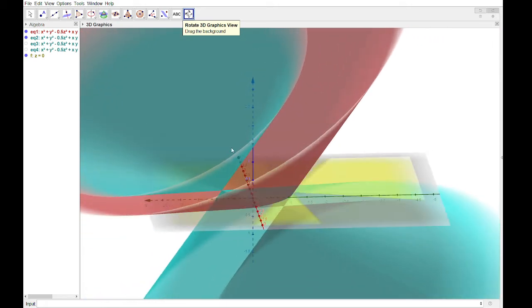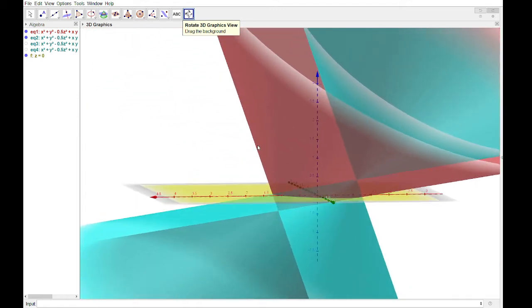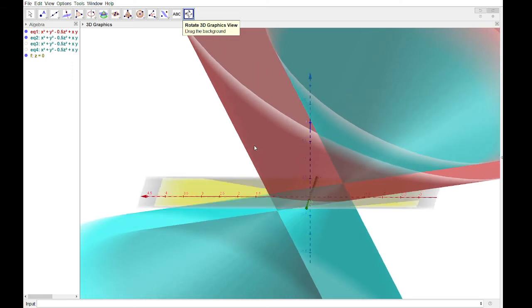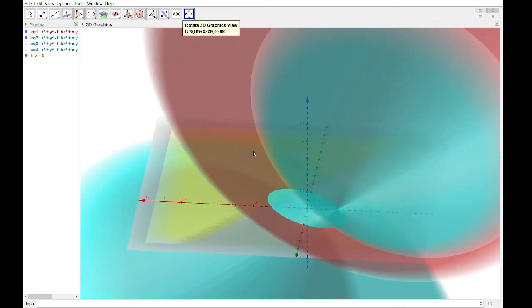In the XY plane, we have one here, one here, one here, one here.